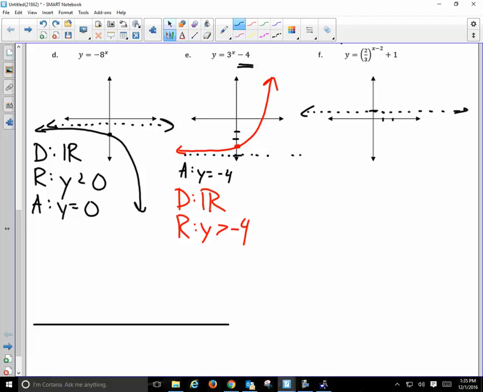So if I think about that coordinate, that coordinate used to pass through 0, 1. Well, if it's shifted up 1 and to the right 2, now it's going to go through 2, 2. It used to go through 0, 1, and now it's shifted up 1 and right 2. Okay, so now this is the coordinate it's going to go through.